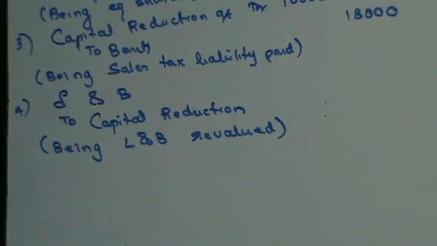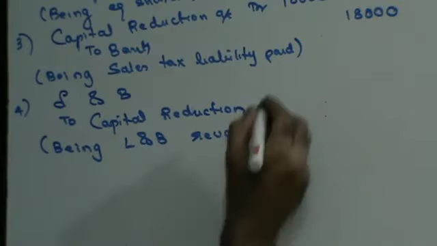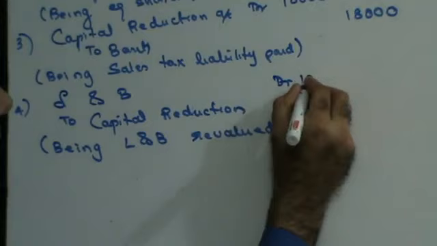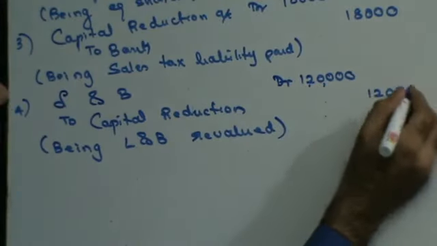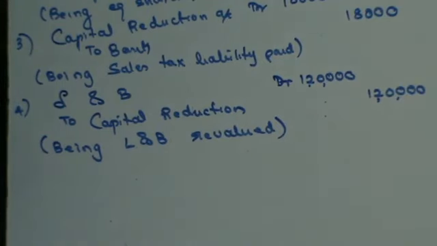It was 320 and you have to make it 440, so the difference is 1,20,000.